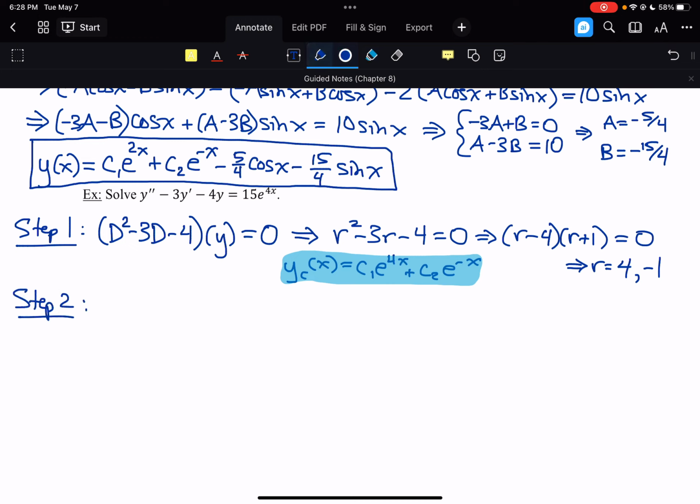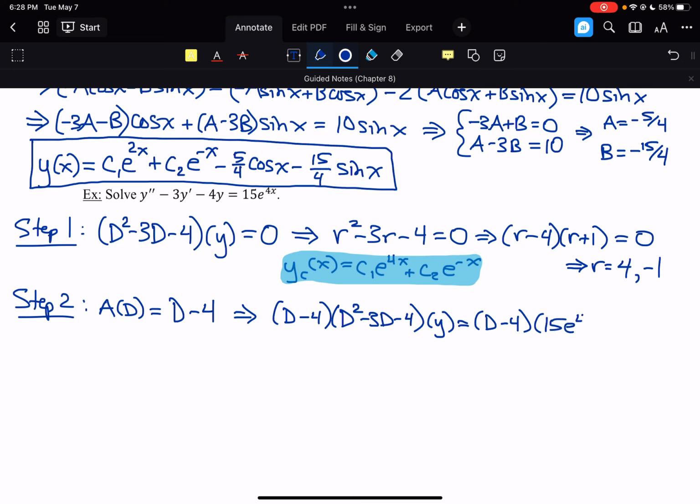And just like that, we'll move along to step 2. So we look for the annihilator for 15e to the 4x. So e to the 4x is going to be d minus a. So it's going to be d minus 4. So we're going to get d minus 4 applied to both sides of the differential equation, which the right side will become 0, because again, we designed it that way.